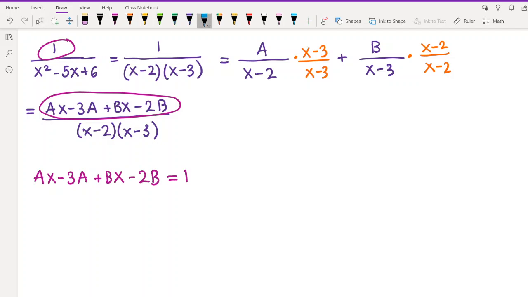So if we start with our x parts, notice that there is no x on the right-hand side. The original numerator didn't have any x in it. And so that tells us that a plus b has to equal 0. But on the other hand, if we look at the other parts, those have to add up to 1. So we have negative 3a minus 2b equals 1.